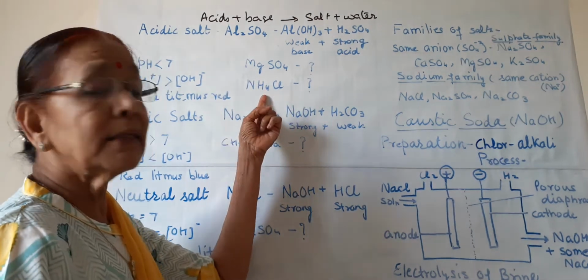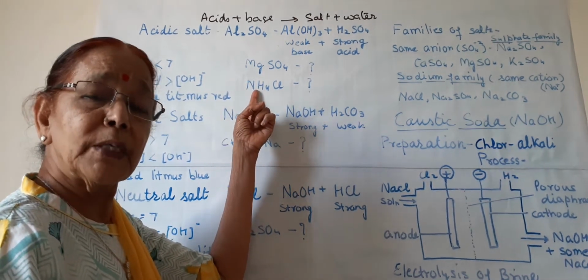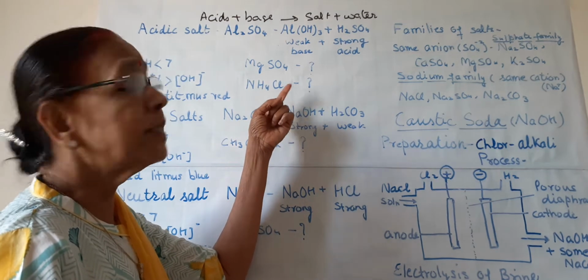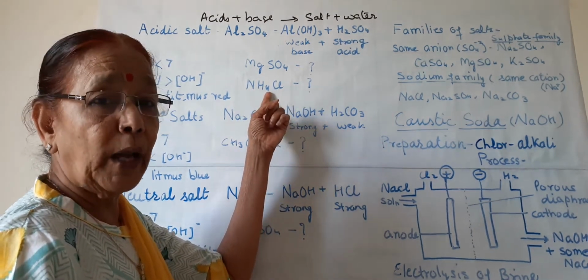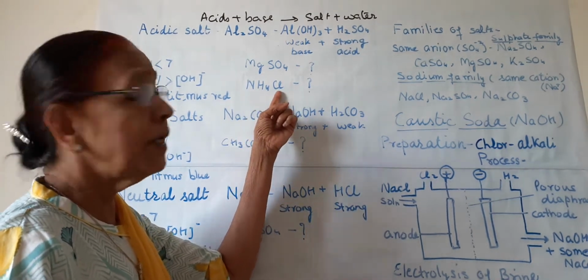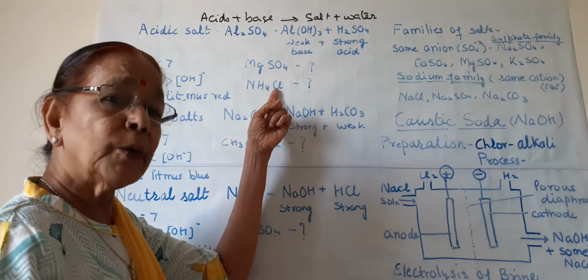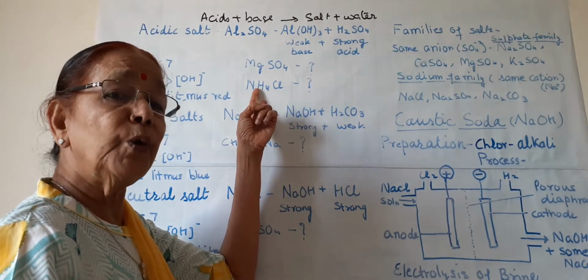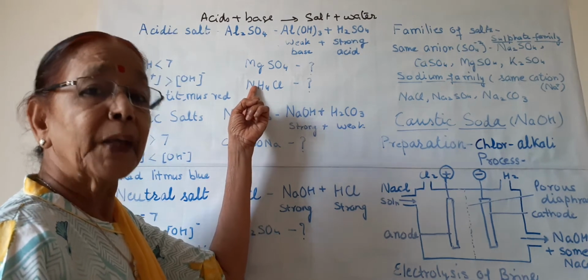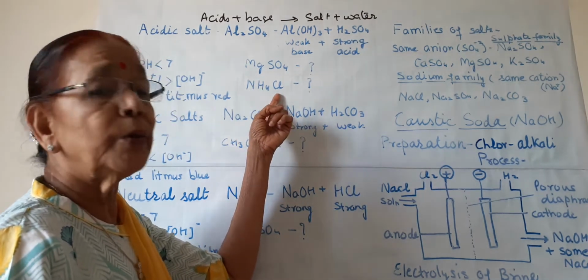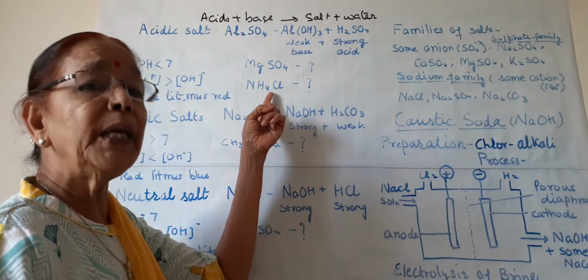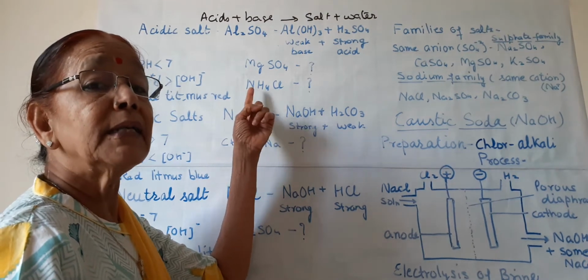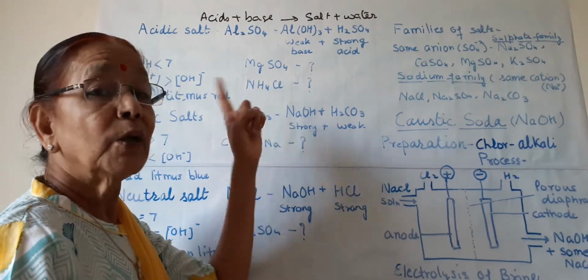Or in this case, see, this is also a salt. This is NH4Cl, ammonium chloride. It is made by the combination of HCl, hydrochloric acid, and NH4OH, ammonium hydroxide. Here also hydrogen of HCl is being replaced by this ammonium, which is not a metal.